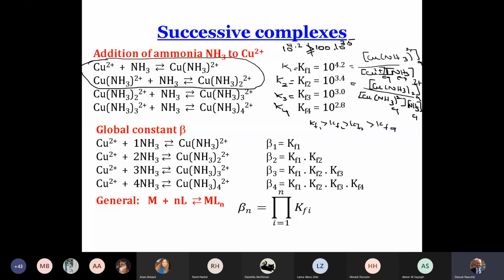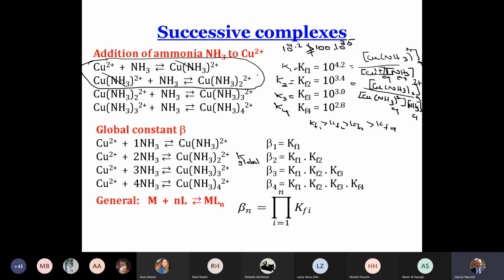Yes. I can work on the global reaction since these two reactions occur at the same time. So we simplify by Cu(NH3), we obtain Cu2+ plus 2NH3 that gives Cu(NH3)2 2+, and this K is K global.